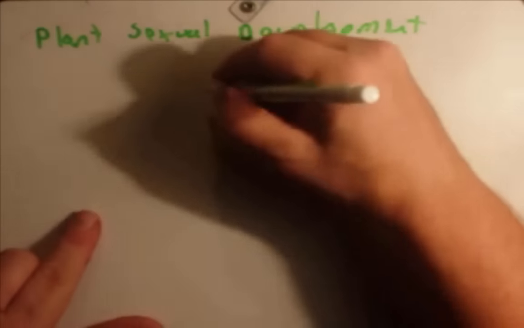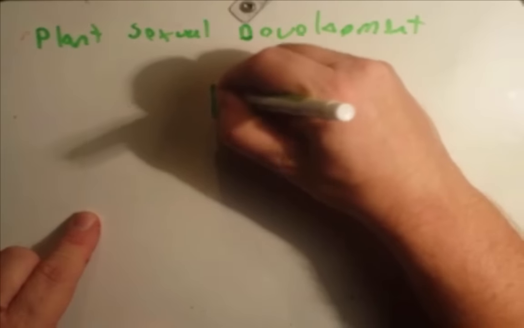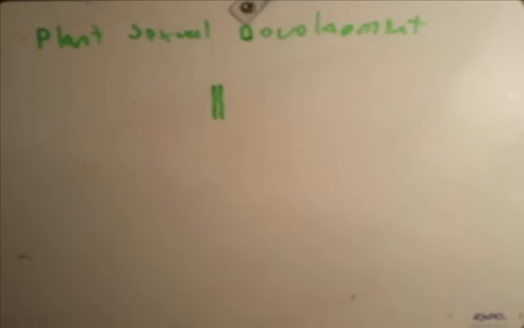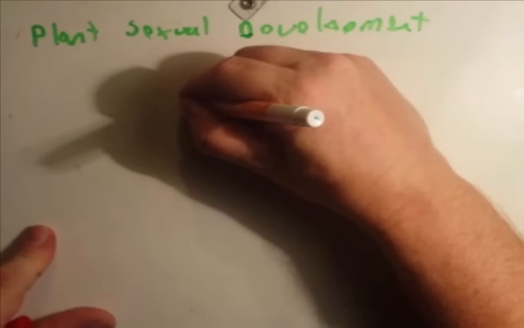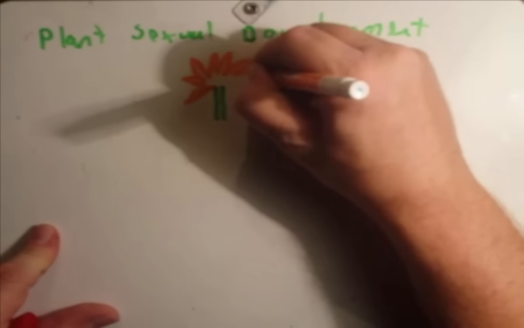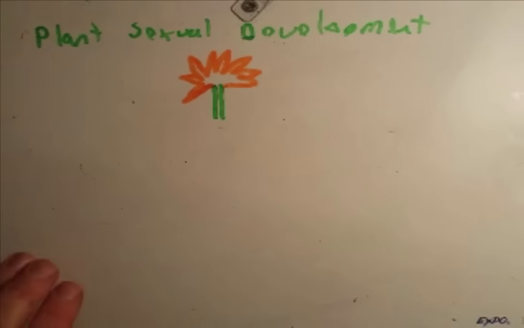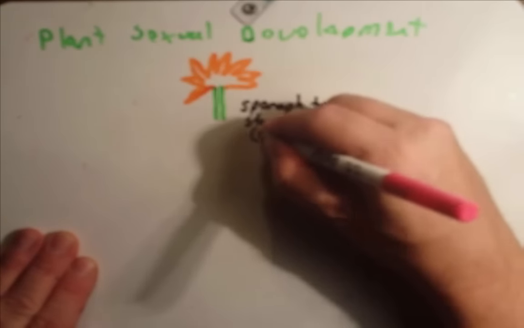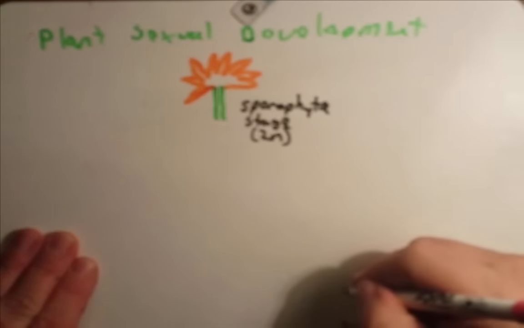Okay, so let's begin this discussion of plant sexual development by drawing a flower. You will no doubt be super impressed with my flower drawing abilities. This flower represents the sporophyte stage. It is a diploid, so 2N.